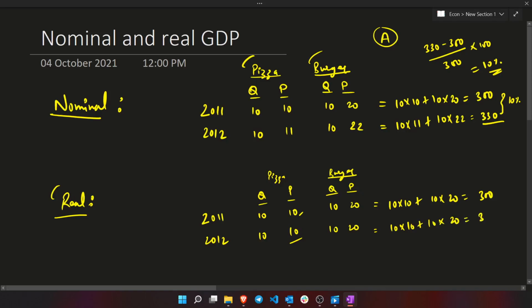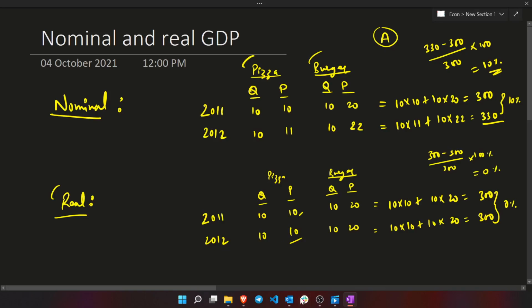So in this case as well we are getting 300. So as you can see, the change is zero, so it's 0%. Something divided by zero will always amount to zero. So we do the same thing again, 300 minus this year minus last year, divided by last year into 100%, but the change is 0%.